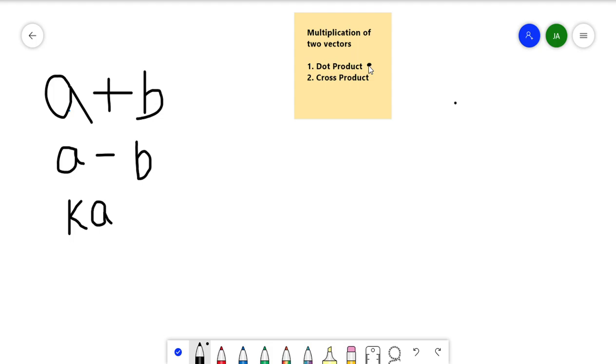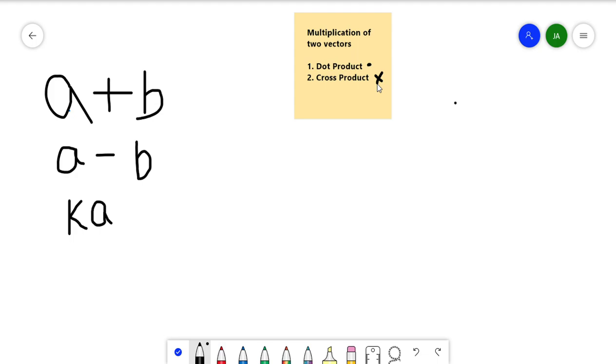So the dot product of two vectors returns a scalar. We also have what we call the cross product. The cross product is also called the vector product, so the result of the cross product returns another vector.